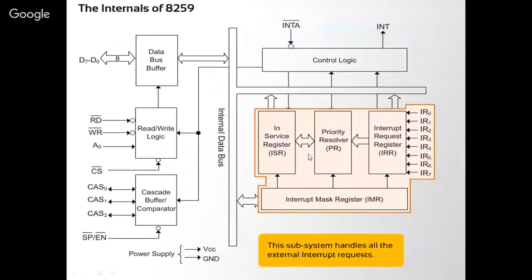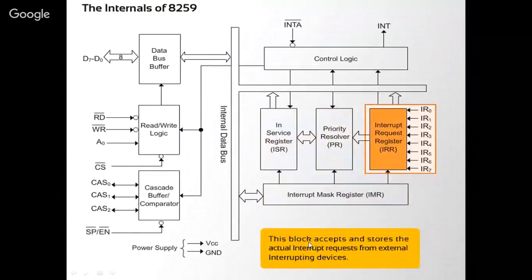Next is the most important part of 8259. These are the 4 blocks, the subsystems that handle all the external interrupt requests. First one is the interrupt request register.